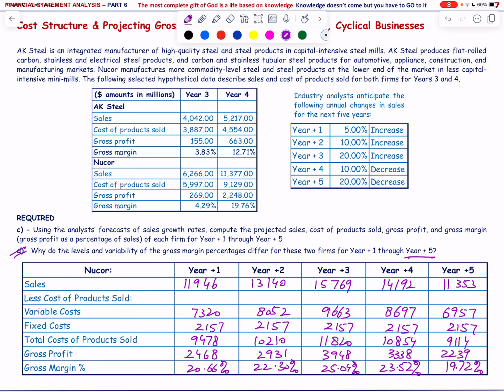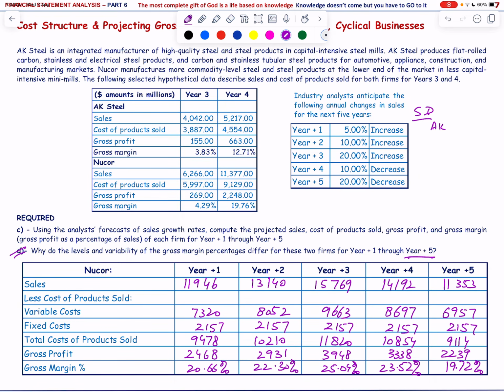You can go through any other video, or if you request, I will be making a video on how to calculate standard deviation for gross margin or sales or cost of goods sold, etc. But I have made the calculations, and the standard deviation for Nucor is, and the standard deviation for AK Steels.